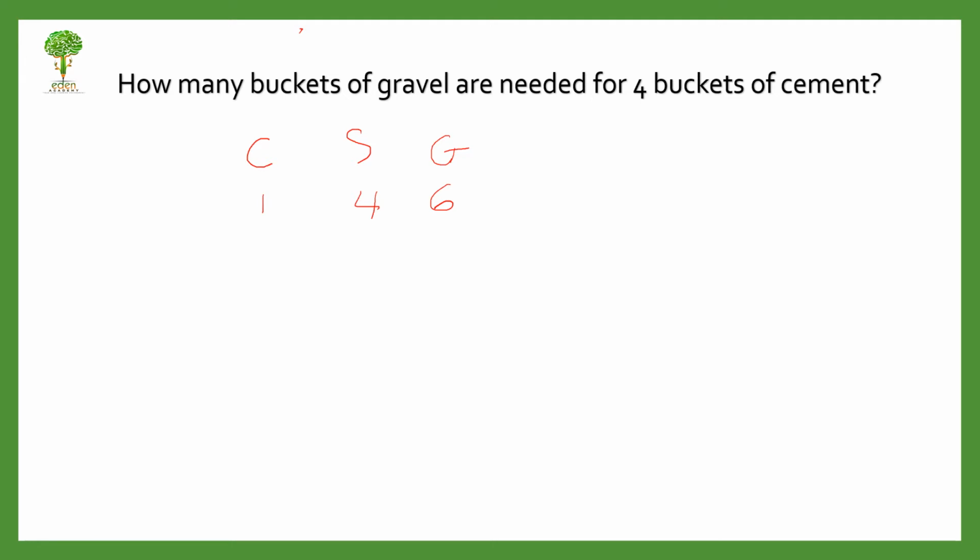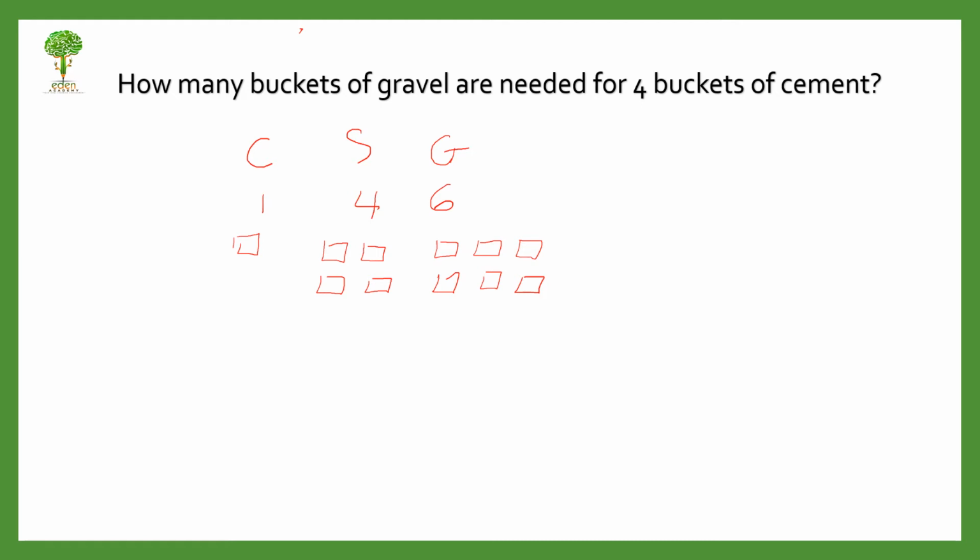For every one bucket or one portion of cement, there are 4 of sand and 6 of gravel. And we can always draw little diagrams, little boxes to help us see how the question is to be approached.